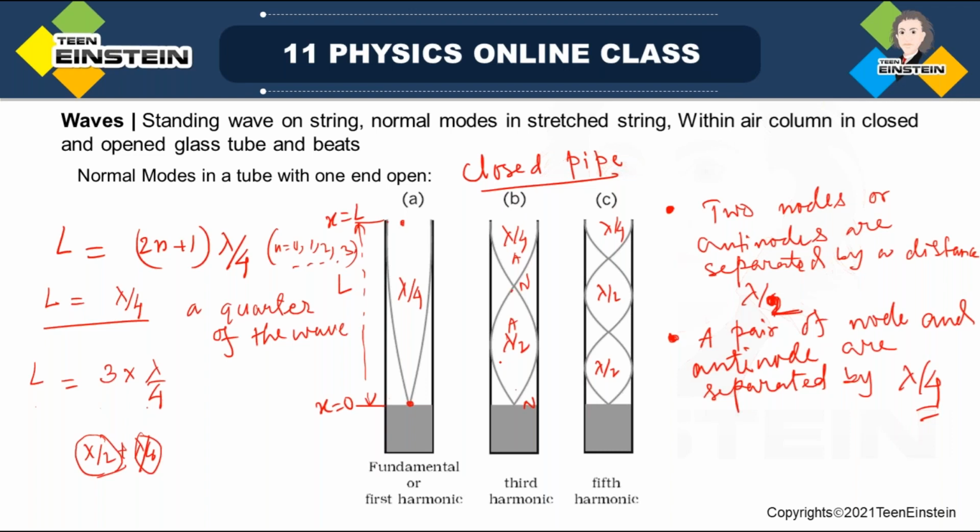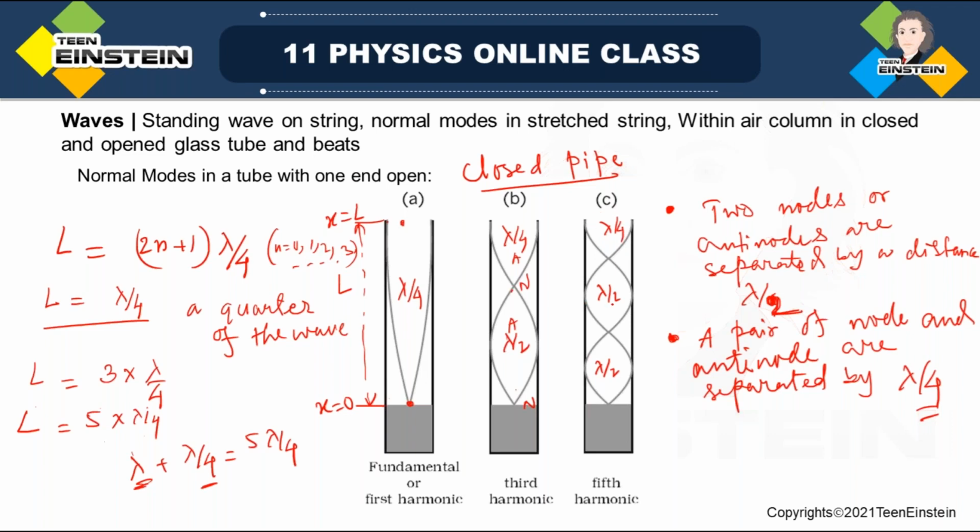Like that, if you go with n is equal to 2, then you will get the fifth harmonic, 5 into lambda by 4. That means you should have total lambda plus lambda by 4. This will give you 5 lambda by 4. So you will have a complete wave along with a quarter of the wave.